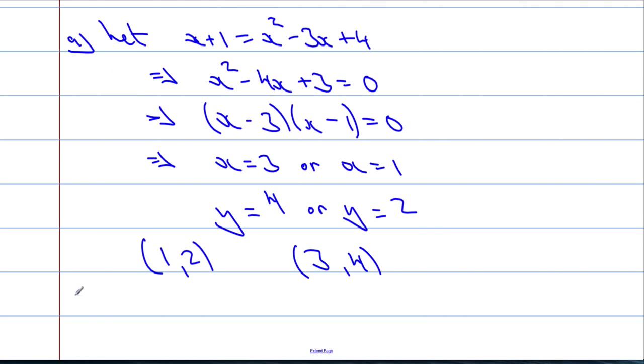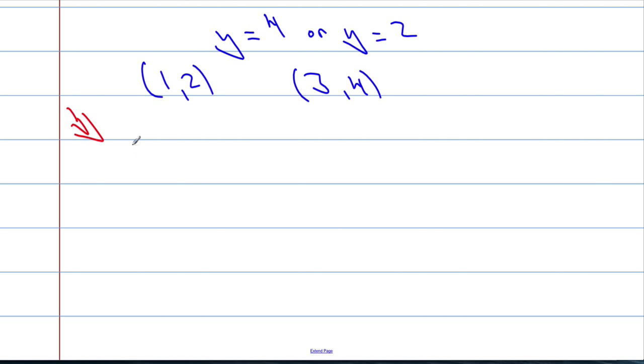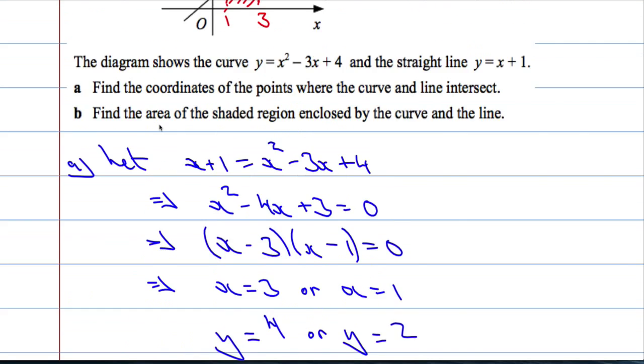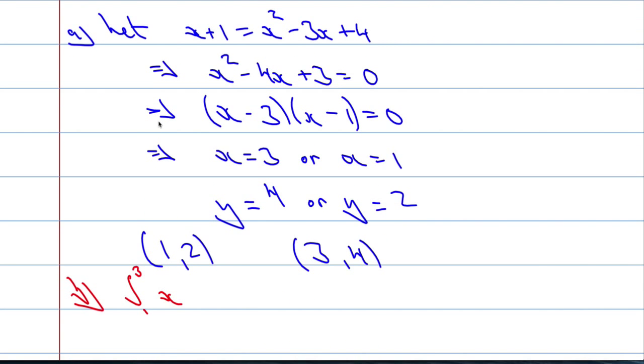Okay, so part B. We need to integrate between 1 and 3 the function x plus 1. I think it's x plus 1. It is indeed. Function x plus 1. We're integrating with respect to x.